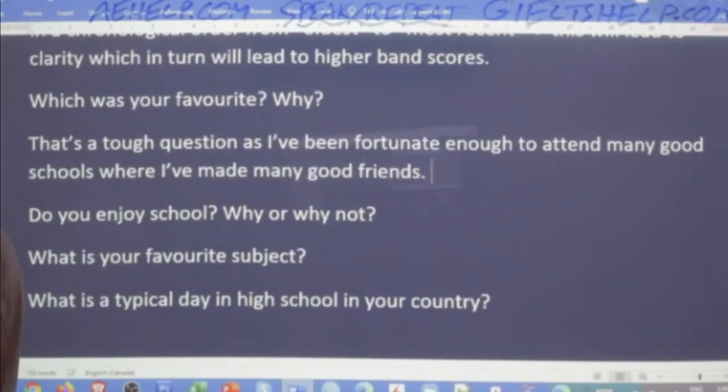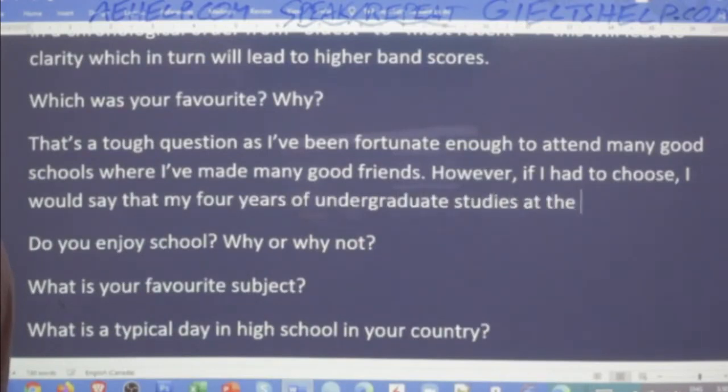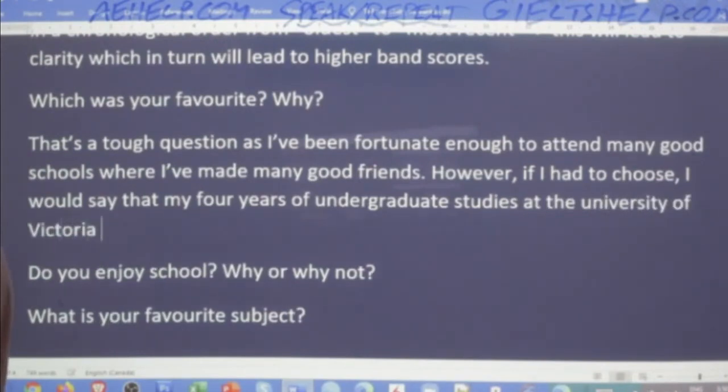However, if I had to choose, I would say that my 4 years of undergraduate studies at the University of Victoria are my favorite.